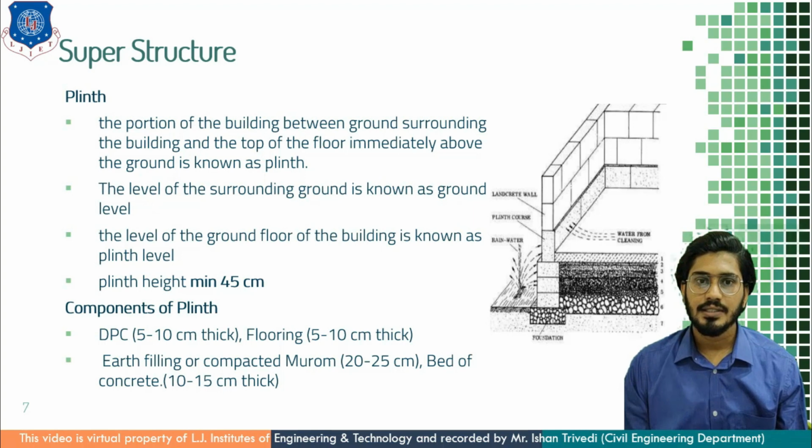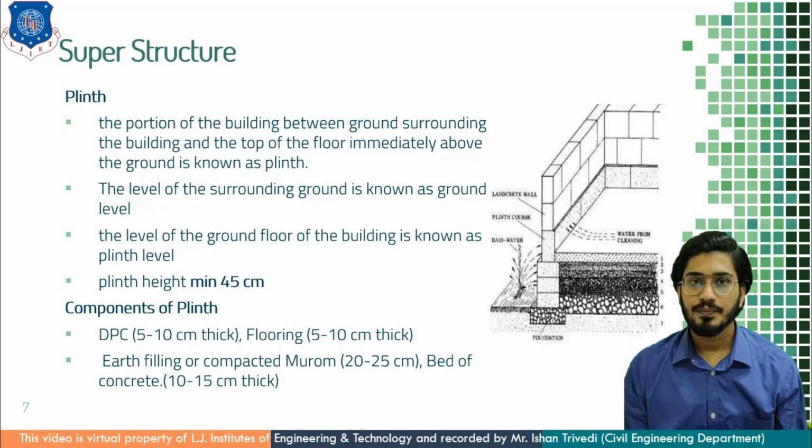At the same level, the DPC, meaning damp-proof course, is provided just below the opening, or in many cases at the periphery of the building just above the plinth level. Remember this, it will be provided at the periphery of a building unit just below the wall. To avoid the dampness which strikes from ground level to the floor, we provide damp-proof course.